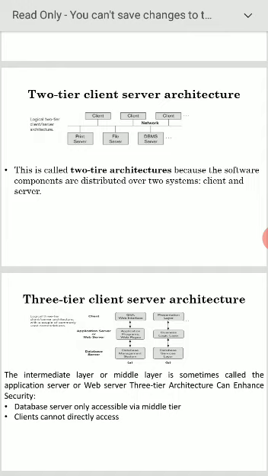Clients cannot directly access the database server. In the case of two-tier architecture, client can directly access the database of the server. But whereas in the case of three-tier, client cannot directly access the data of the server. Through the application server, you can access.